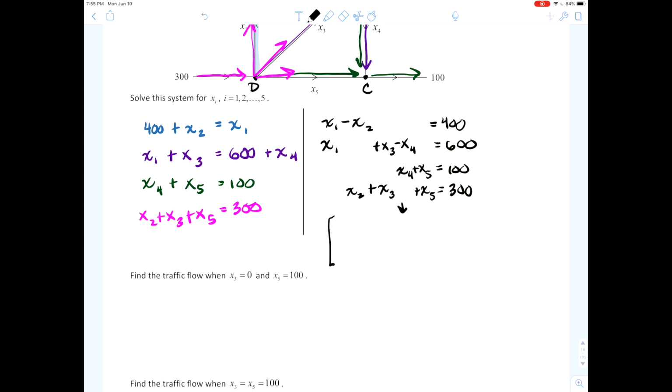All right, so I'll go through much quicker next time on the technology, but the matrix that'll correspond to it will be 1, -1, 0, 0, 0, 400, 1, 0, 1, negative 1, 0, and then 600, 0, 0, 0, 1, 1, 100, and then the last line will be 0, 1, 1, 0, 1, 300.